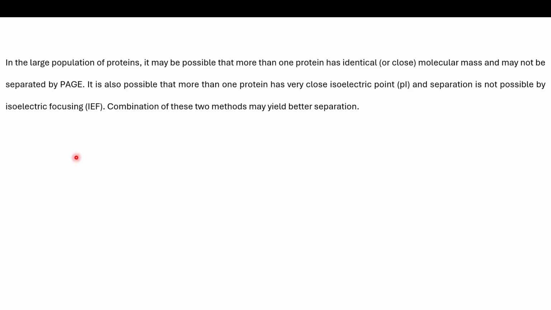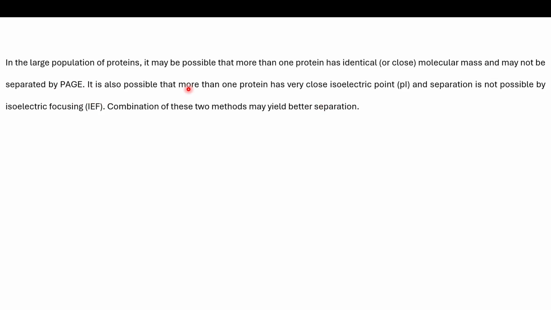Okay. So in general, what is 2D gel electrophoresis? Briefly, when we isolate a large population of proteins, suppose a whole proteome from a particular cell extract or from any organism, be it bacteria, yeast, or mammals, it might be possible that more than one protein has identical or close molecular mass, like how we saw in the previous question, and may not be separated by page.